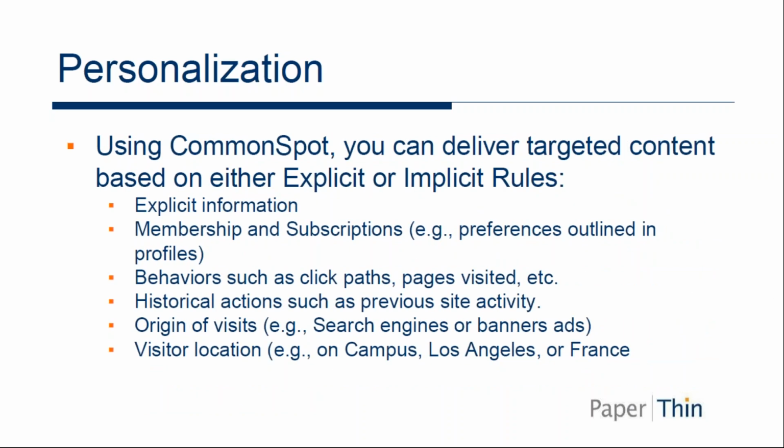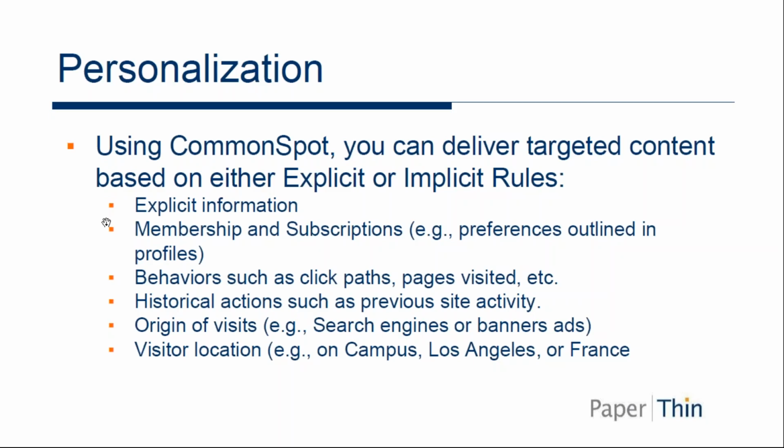Okay, so again, you can use CommonSpot to deliver either based on explicit or implicit. If it's implicit, you're going to be basing that personalization on some rules that you'll be defining. And again, we're going to take a look at the rules in the third installment here of the personalization video training. But here's some examples of how you can gather some information. Somebody has purchased a particular membership or subscription.